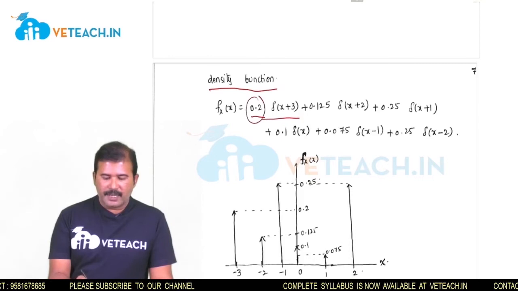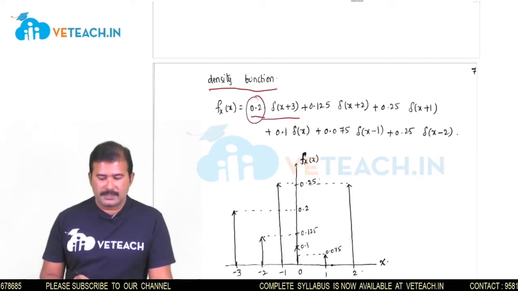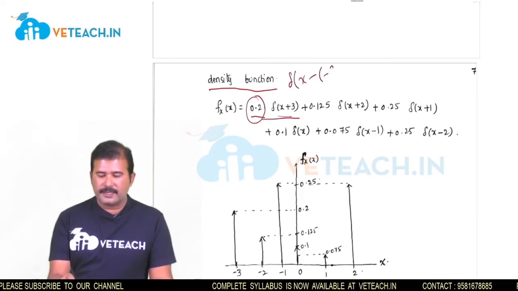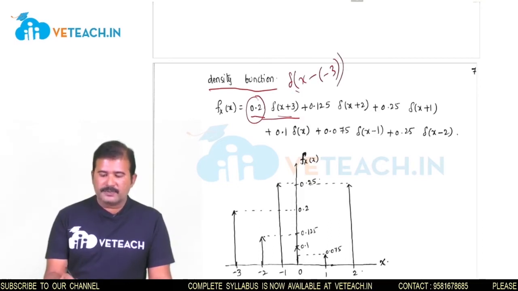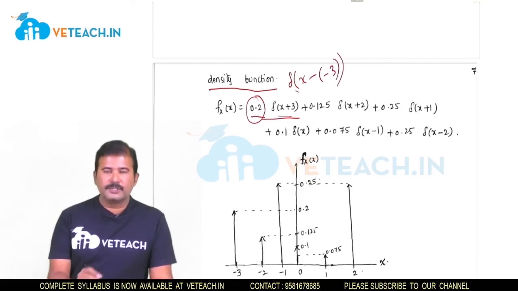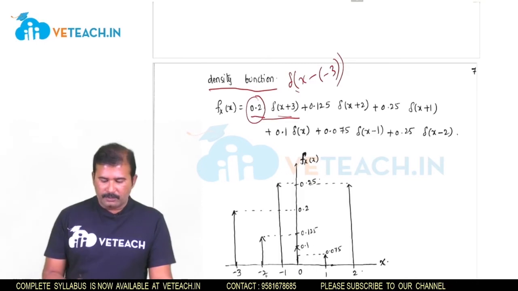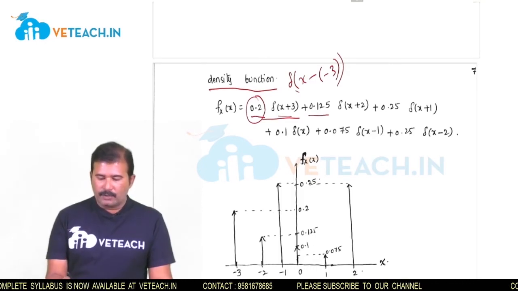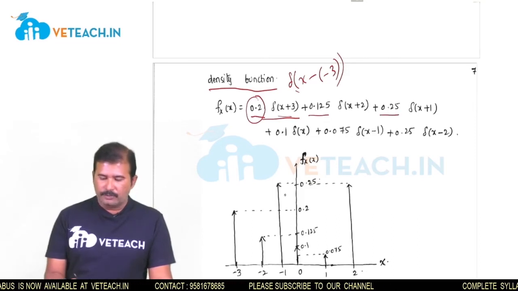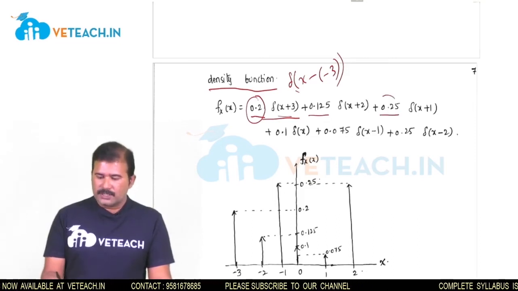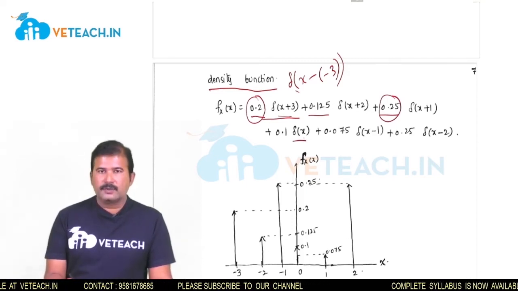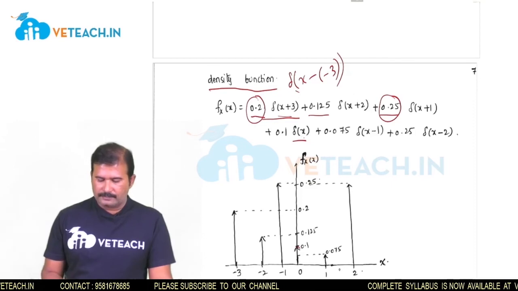This 0.2 is the magnitude of this impulse, and del of x minus of minus 3 means the impulse appears at x equals minus 3 with a magnitude of 0.2. Similarly 0.125 at x equals minus 2, another impulse 0.25, like this. So this represents the corresponding magnitudes, with del of x meaning x equals 0, 1, like this.